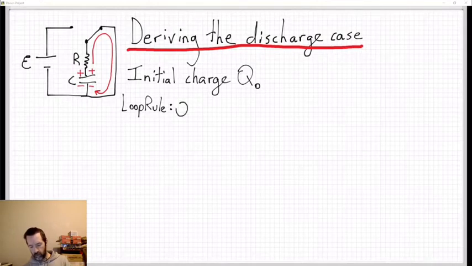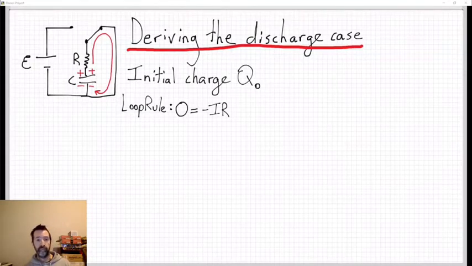So I know that the total delta V is 0. The delta V that I would write for the resistor is negative IR. And I used a minus sign because I'm going in the same direction as the current. Again, when you're writing out potential differences, if you pass through a resistor in the same direction as the current, it's a negative term.